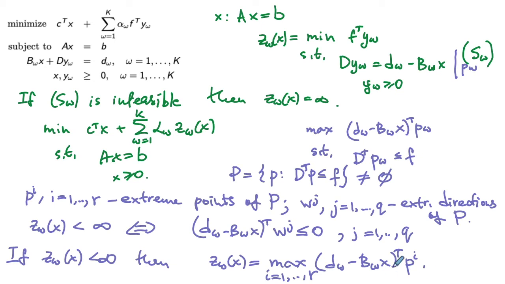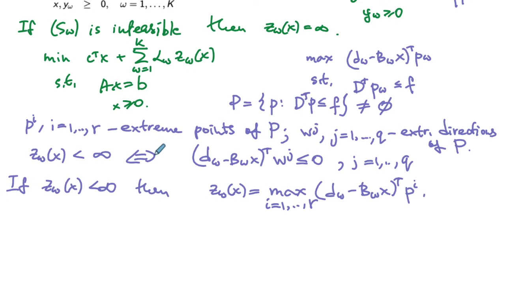Finding this maximum is equivalent to finding the smallest value of z_omega that is an upper bound on all products like this for i between 1 and r.